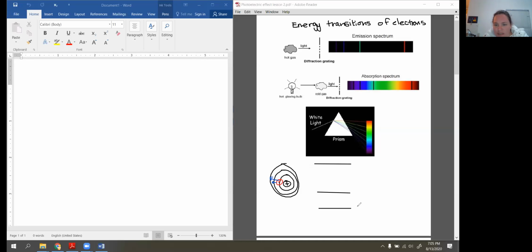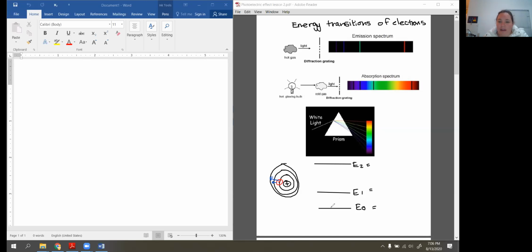Please note the lowest energy state we can have is called E0. I usually call that ground state, but ground state is technically just the lowest. There's E1 and there's E2. Each of these energy levels corresponds to a specific value, usually a value in joules of something times 10 to the negative 19. So there's a specific value associated with them.